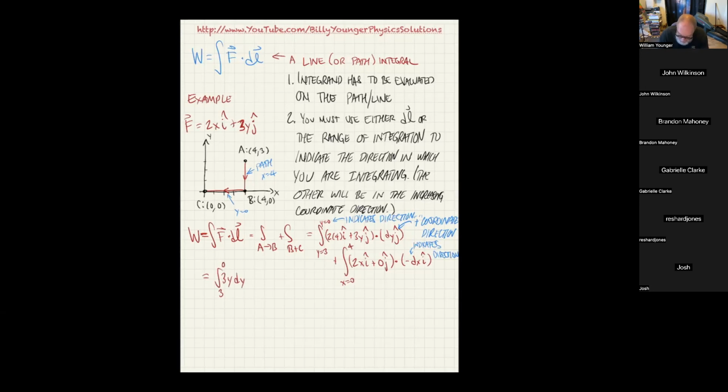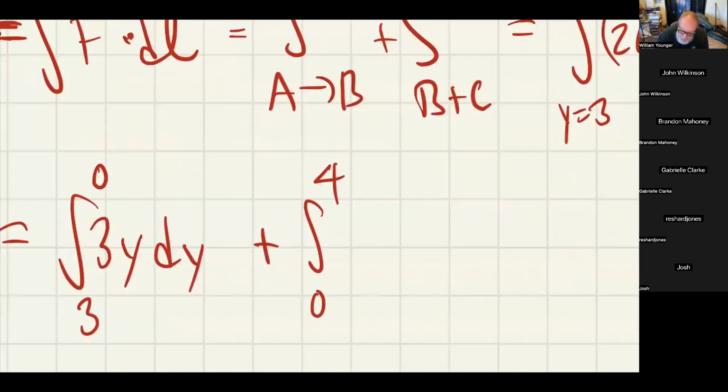That's the first integral. Plus, in this case, only the x term survives. So I get the integral from 0 to 4 of, let's say, a negative. So I'm going to go ahead and make this plus into a minus.